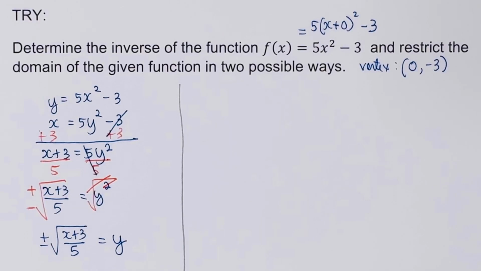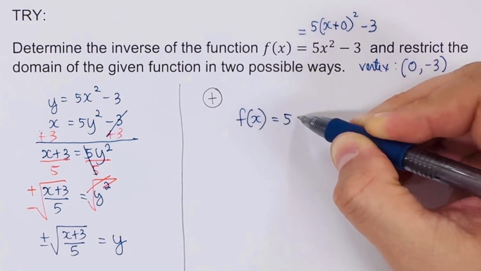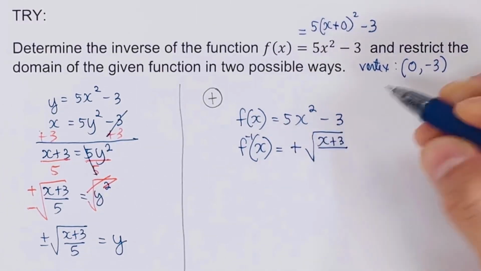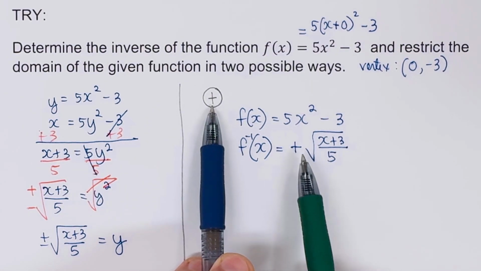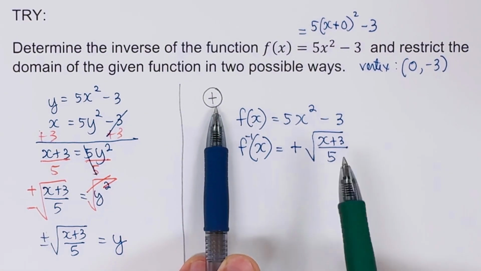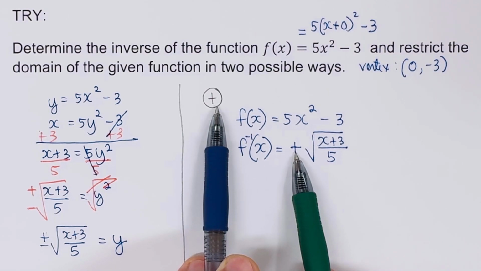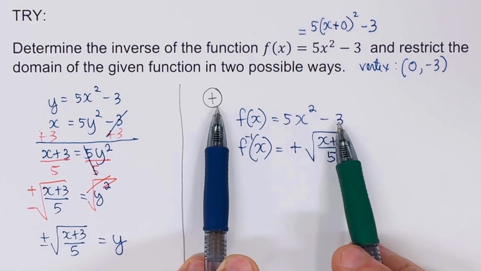So looking at this, we can go ahead and write the positive part of this equation. So notice that I paired up the positive. So we're looking at the positive, and that's a positive right there. I got that from here. So we go ahead and restrict the given quadratic function right here.